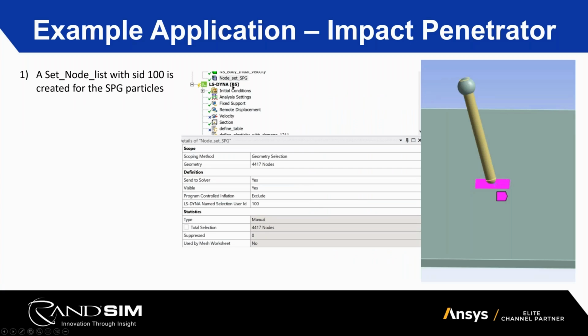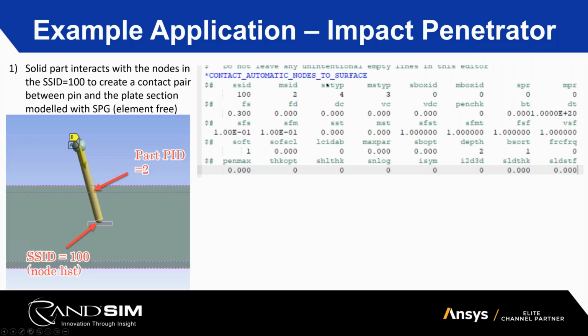I'm going to create a node set here. I'm using that node set of 100, this ID right here. I'm going to tell the penetrator, which is the yellow piece, and this bunch of nodes right here, that they're going to see each other as a contact pair. That's the logic. So the nodes in the highlighted area are going to see the penetrator in this contact card right here.